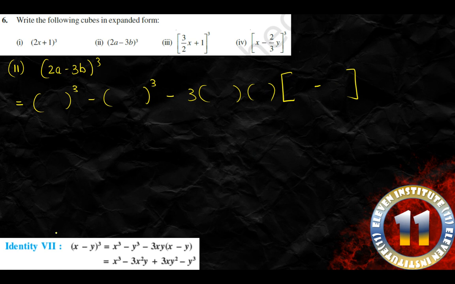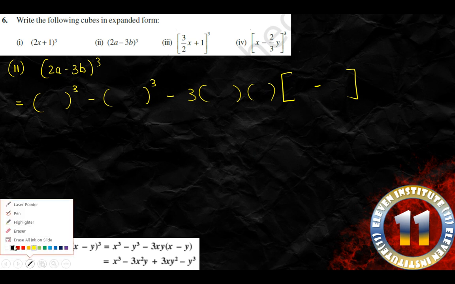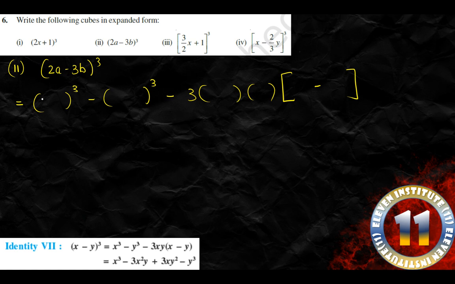Now we will just input the values of x and y. So instead of x and y, here we have 2a and 3b. So we will write 2a, 3b. Again over here 2a and 3b. And again over here we will write 2a and 3b. Now just expand them. So 2 cube is again 8.